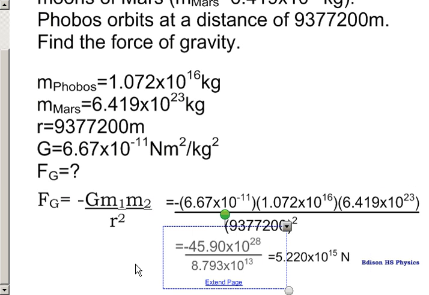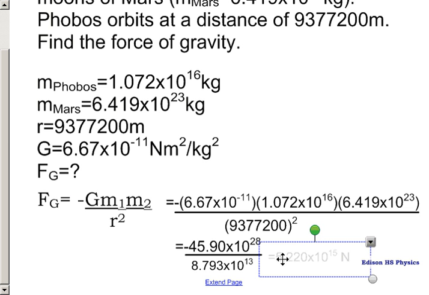What we're going to end up with is negative 45.90 times 10 to the 28th divided by 8.793 times 10 to the 13th. Doing the division, we get 5.220 times 10 to the 15th. And that should be a negative there.